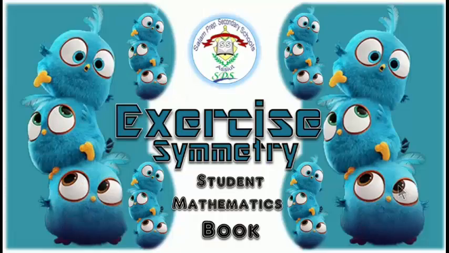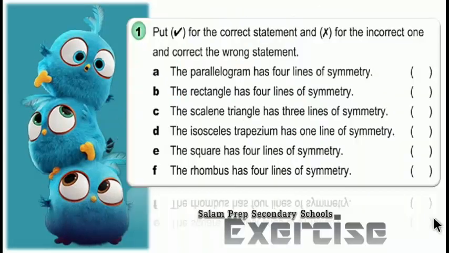Let's start together. Exercise on symmetry. Put true for the correct answer and false for the incorrect one, and correct the wrong statement. The parallelogram has 4 lines of symmetry. Wrong. Correct: parallelogram has no lines of symmetry.